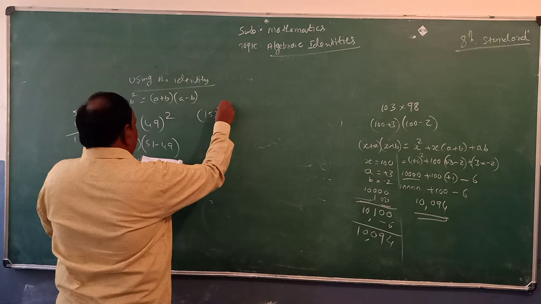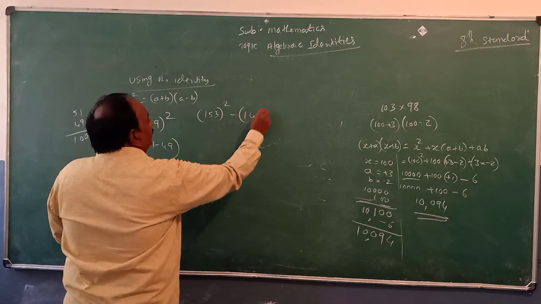153 whole square minus 147 whole square.